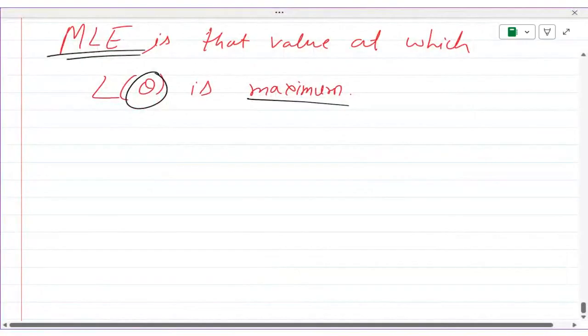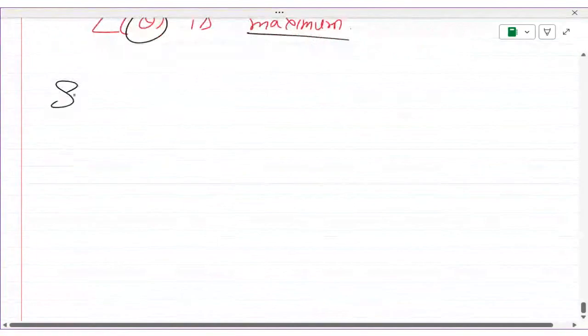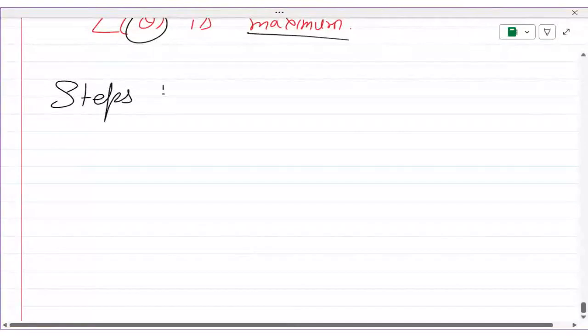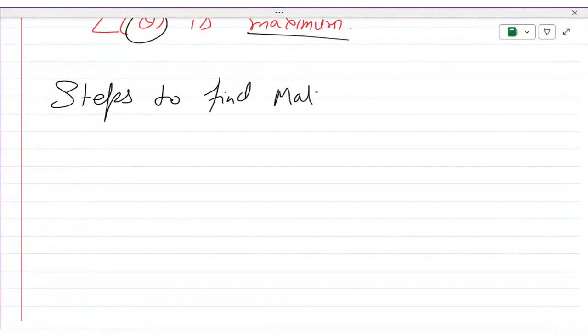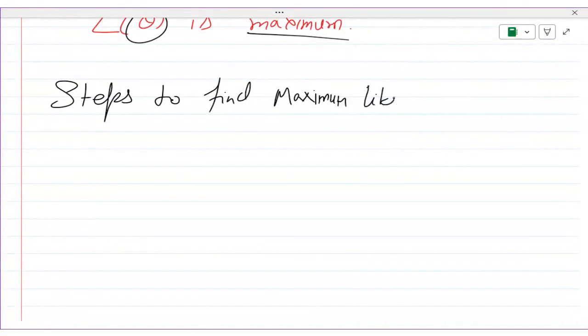So steps to find the maximum likelihood estimator. This is asked. There will be three steps.